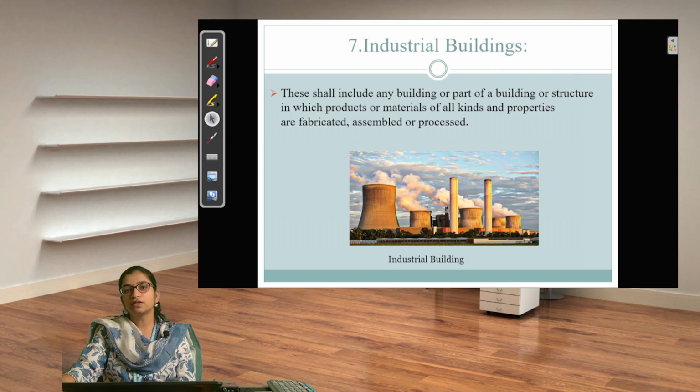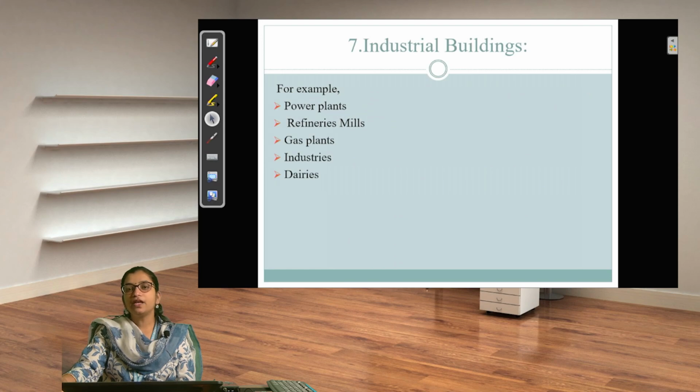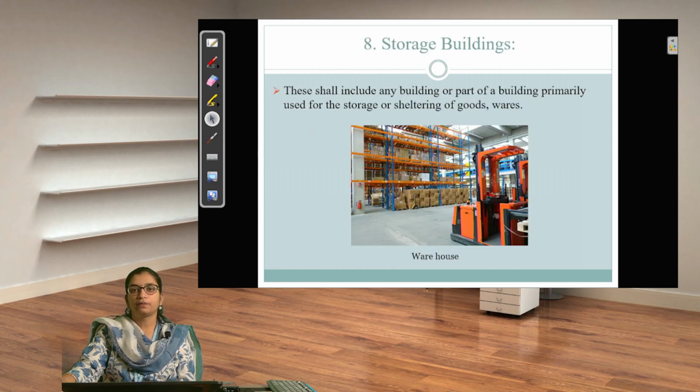We construct that building for industries or factories to manufacture any kind of products. It includes plants, power plants, mills, gas plants or dairies, or any industry which produces any kind of product. All those we consider as industrial buildings.